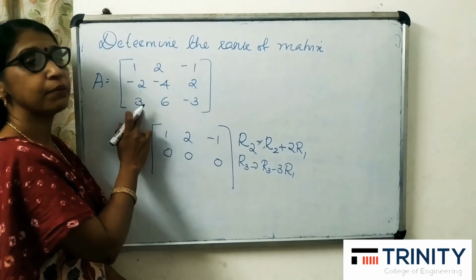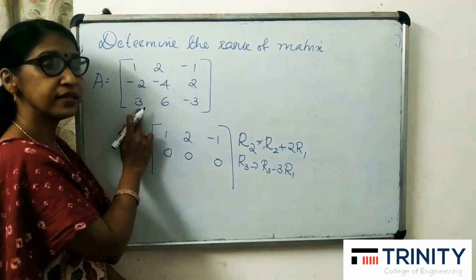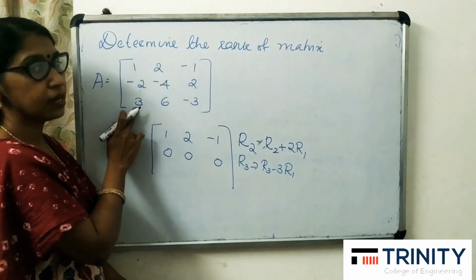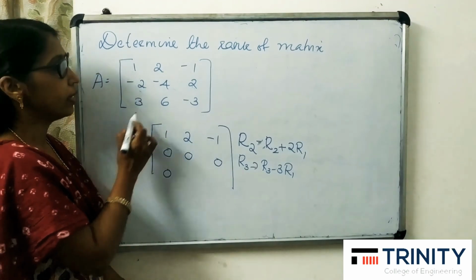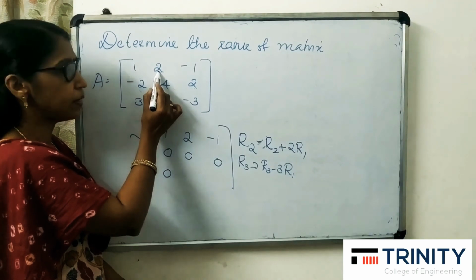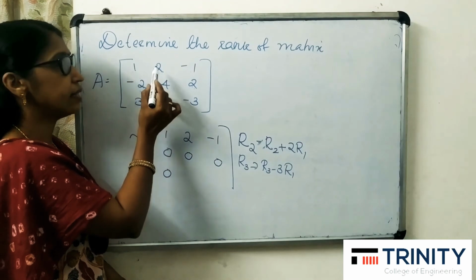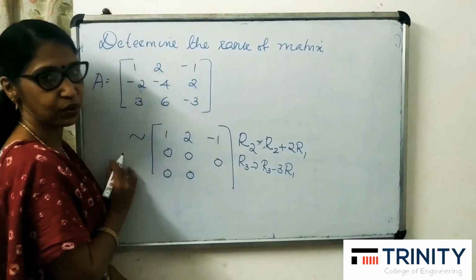Now I am coming to the third row. What is the element here? 3. To make this 3 zero, we do the elementary transformation R3 minus 3R1, so we get 0 here. Here it is 6 and we multiply every element by 3, so 6 minus 6 is also 0.